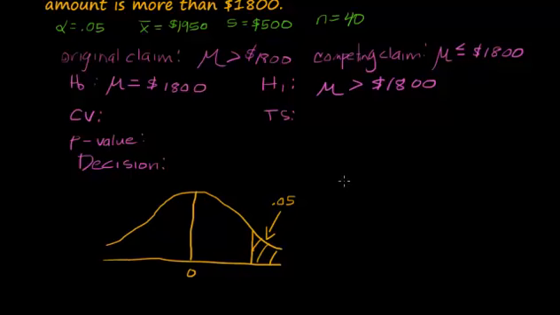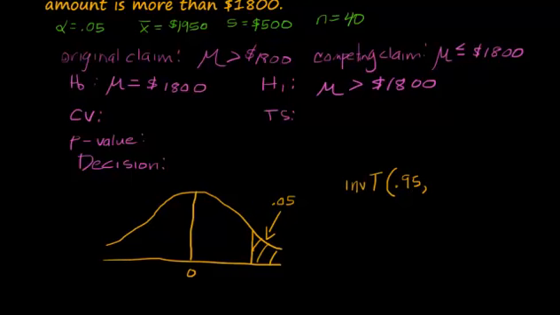We'll find our critical value using inverse t, the program on the calculator, or you may use the tables in the back of your book. We enter area to the left. The area to the right is 0.05, so area to the left is 0.95, comma, and then we enter our degrees of freedom.